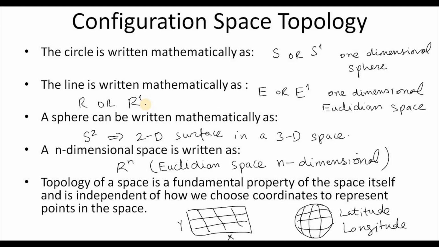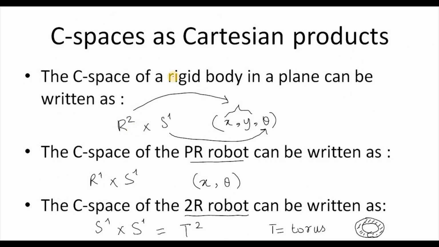We have discussed how we represent a circle and a line and a sphere. We have said that a C space of a rigid body in a plane can be written as R power 2 cross product with S power 1.